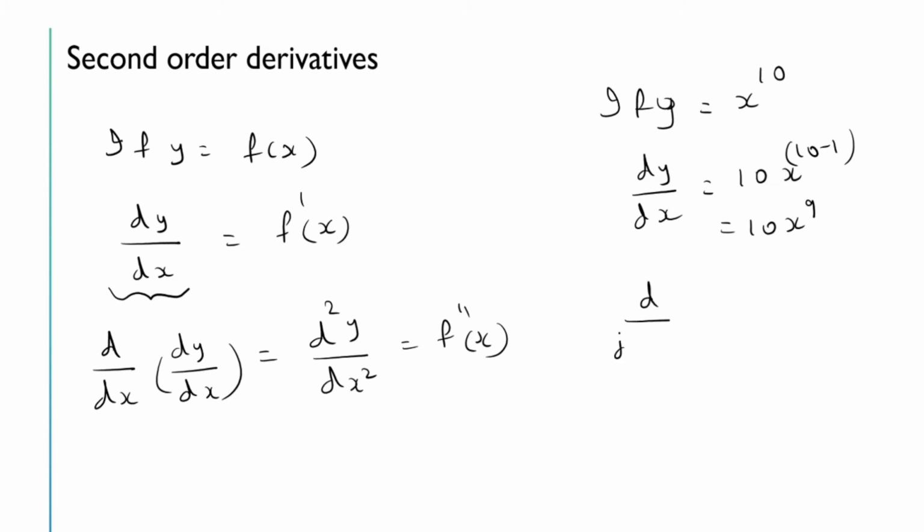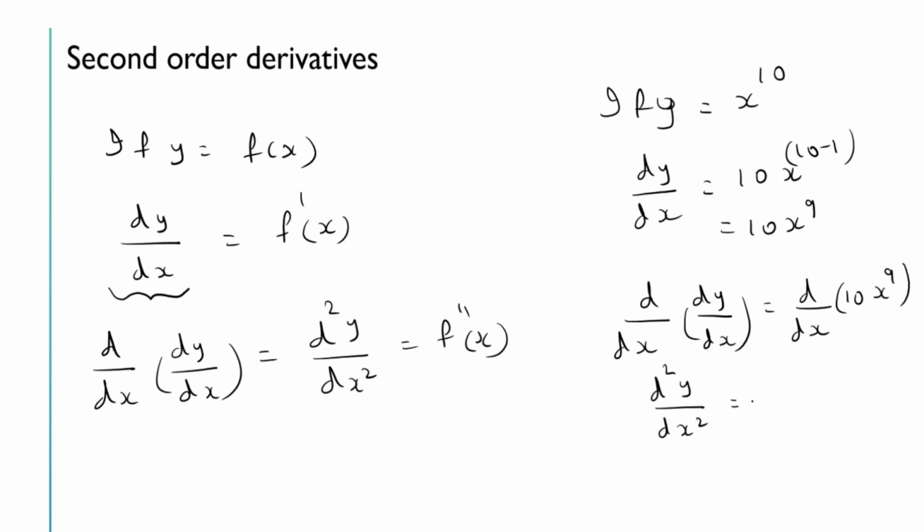So d by dx of dy by dx is equal to d by dx of 10 into x raised to 9. So d square y by dx square is equal to 10 into 9 into x raised to 8, or it is 90 into x raised to 8. So if y is equal to x raised to 10, then the second order derivative of y is 90 into x raised to 8.